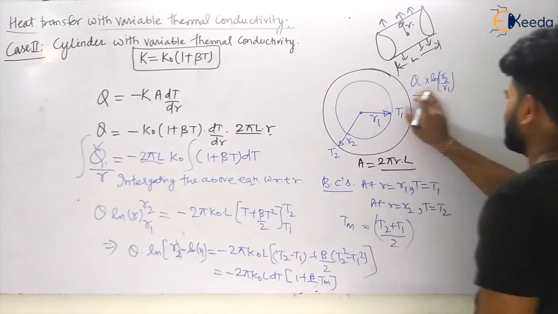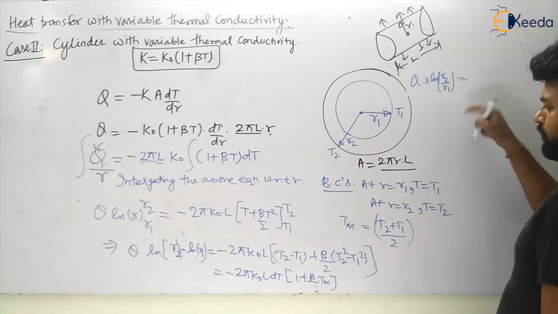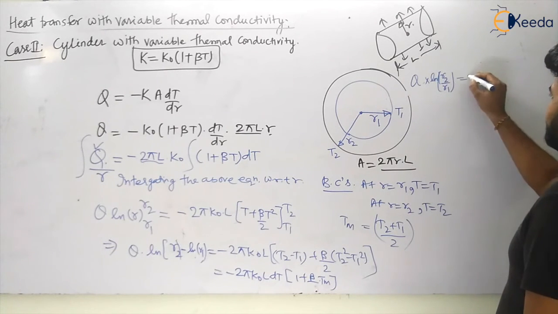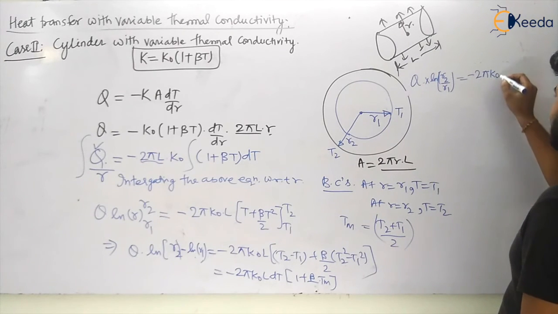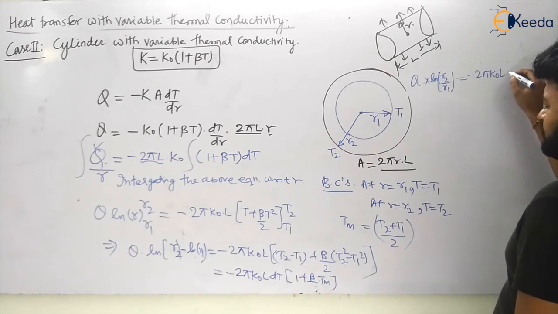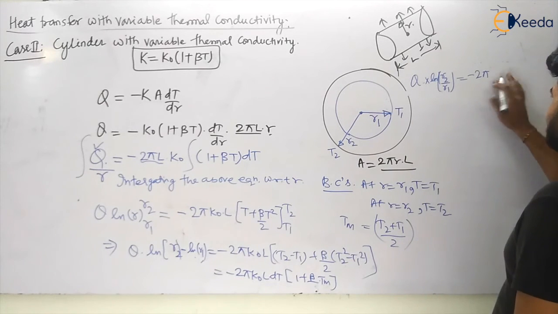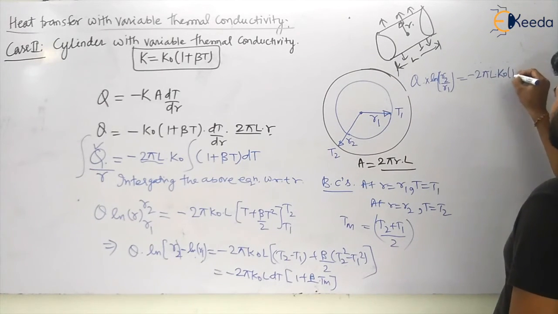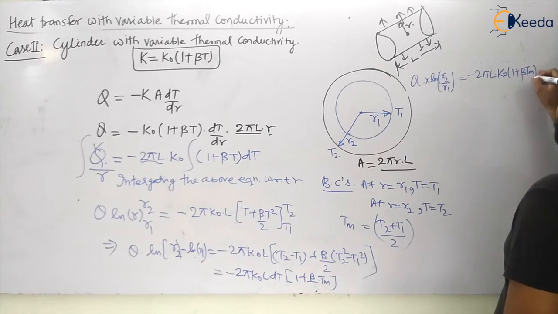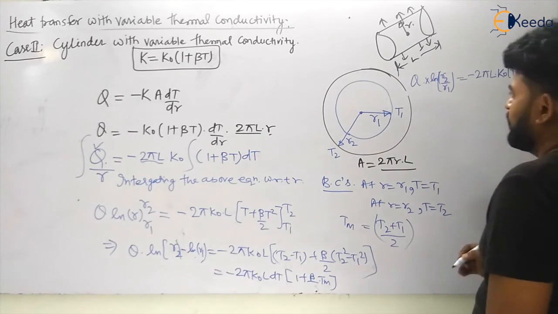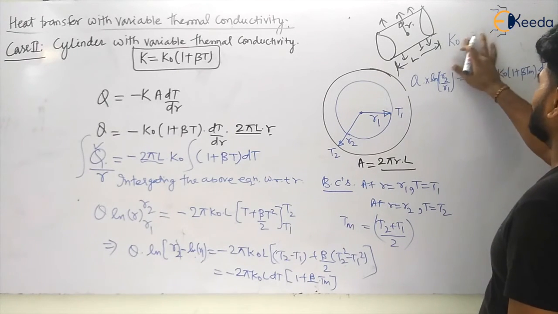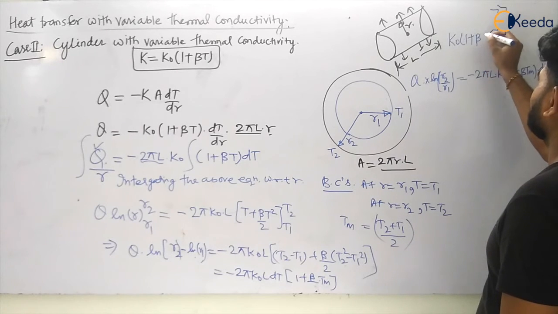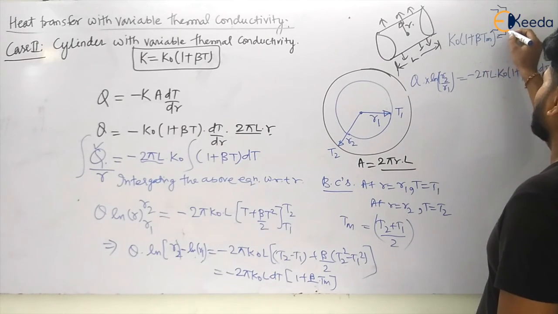divided by, or let us see directly. So this will become equal to minus of 2 pi K naught L, and let us take this to this side, K naught (1 plus beta Tm) into dT. Now K naught into (1 plus beta Tm) will be your Km, that is the average thermal conductivity.